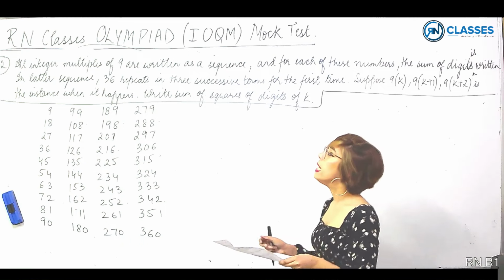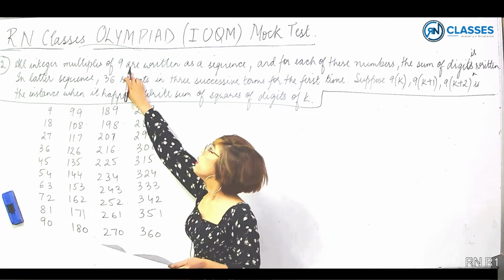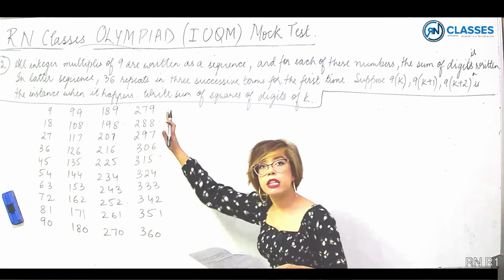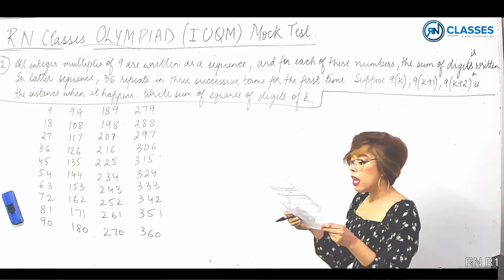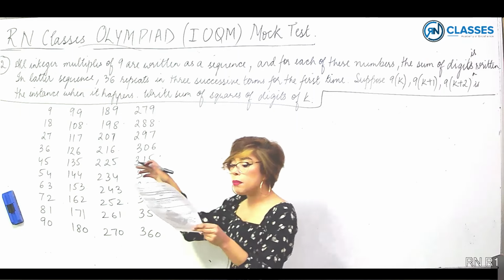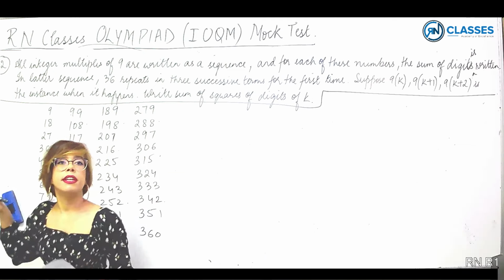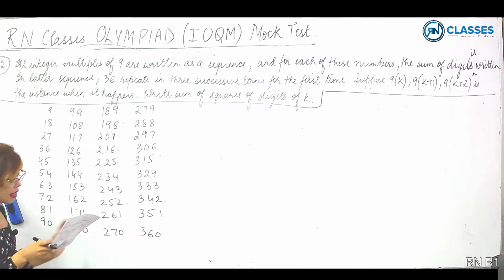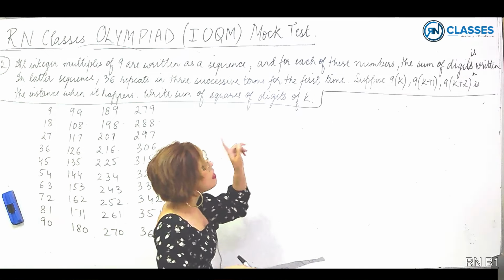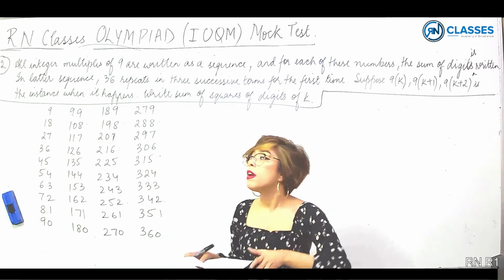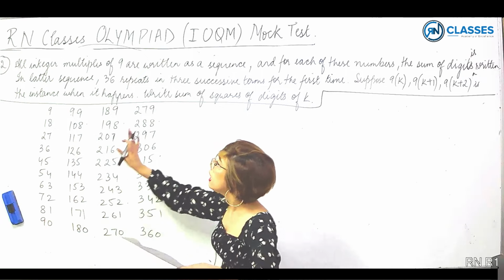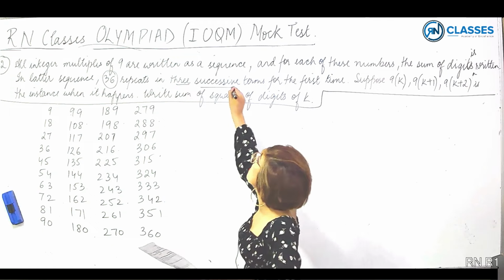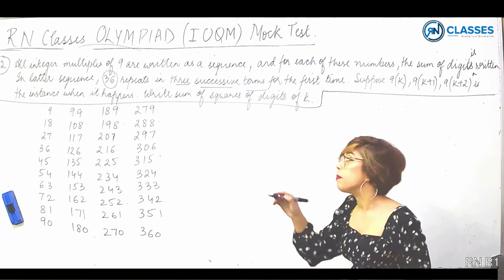Now he says all integer multiples of 9 are written as a sequence. I have written some of the terms of the sequence and the sequence is moving along. And for each of these numbers, the sum of its digits is written. So the sum of digits here is 9, 9, 9 and so on. Now he says in the latter sequence, the one where the sum of the digits is written, 36 repeats in 3 successive terms for the first time.